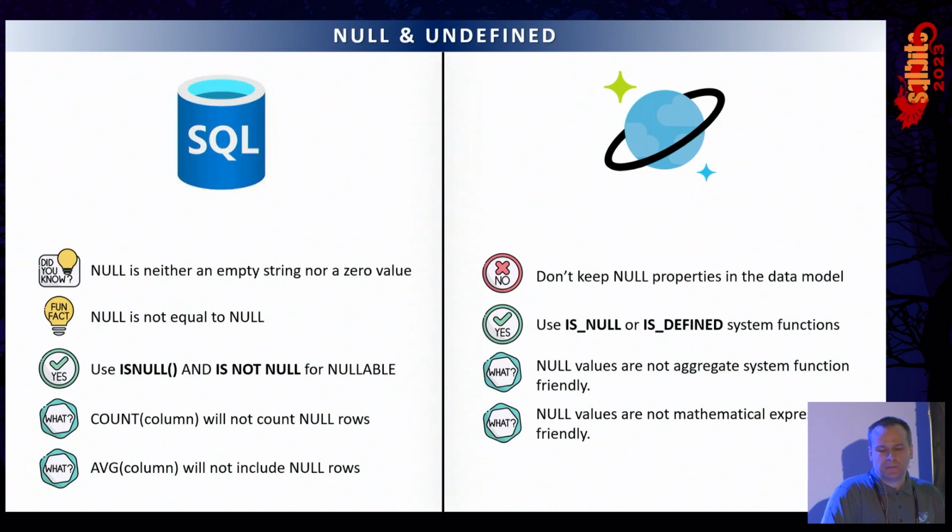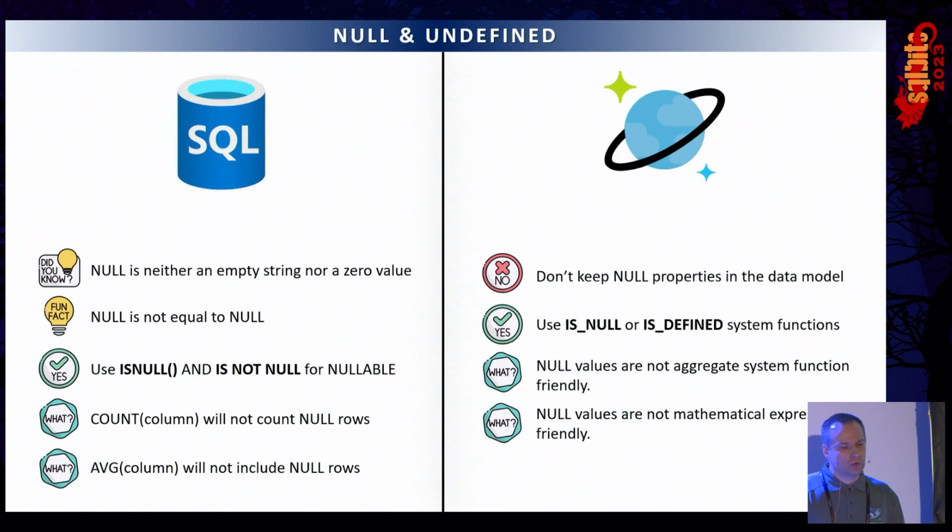Another important topic is null and undefined. Those can be really tricky in any kind of database. For example, if you check whether null is equal to null in SQL Server, that is false.